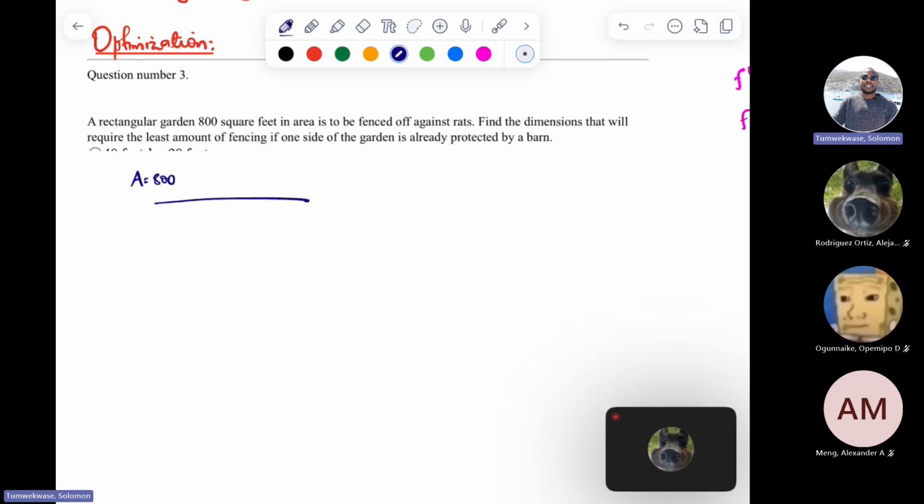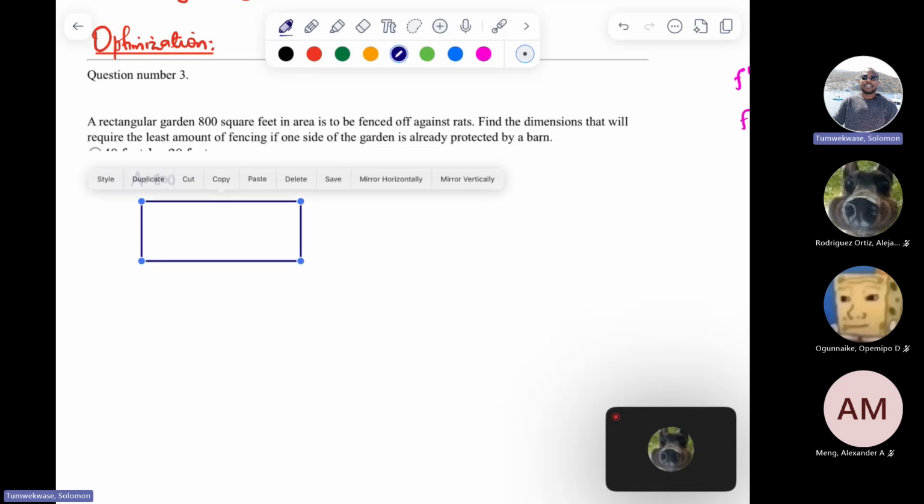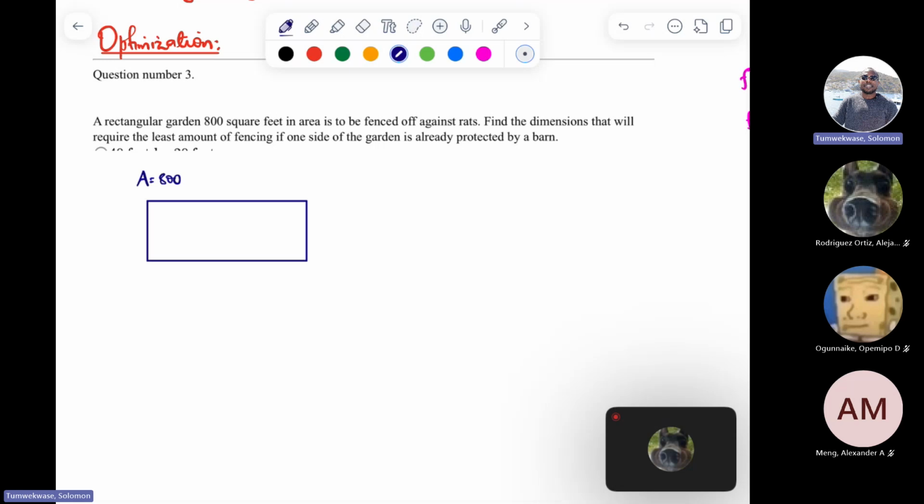So we have a rectangular garden, and we want to fence around this garden. When you hear fencing around, right away we think of a perimeter, but they are telling us that one side of this garden is already protected by a barn. So which means when I'm fencing, I don't need to fence that side.